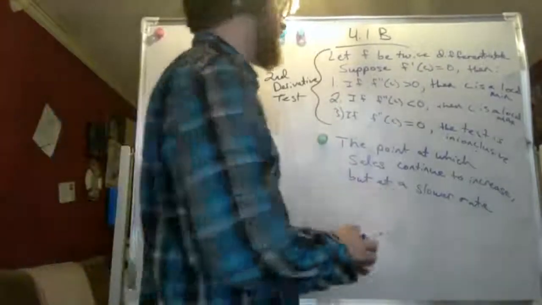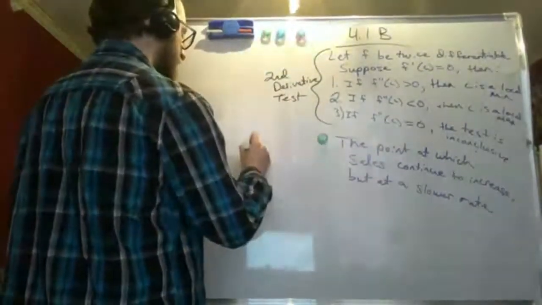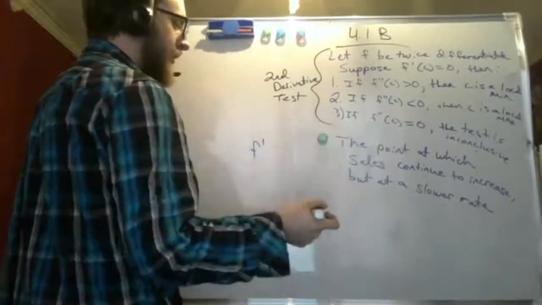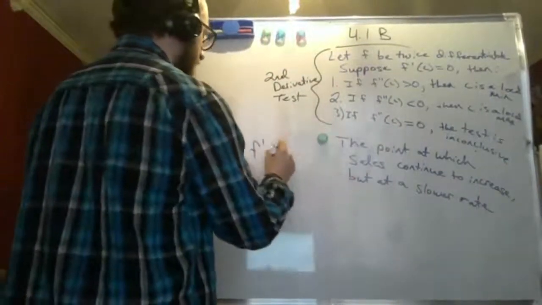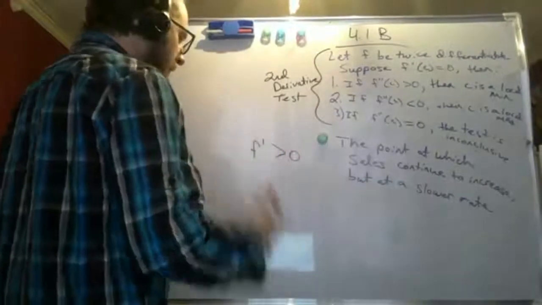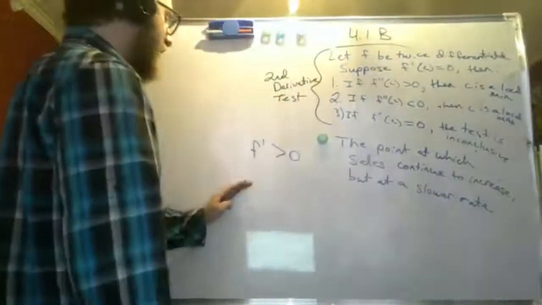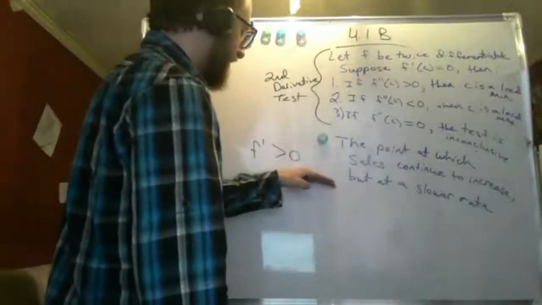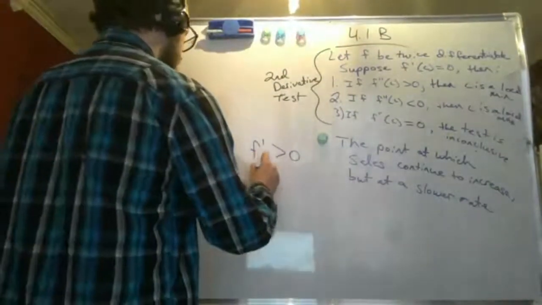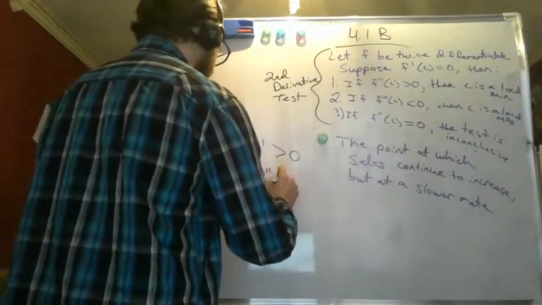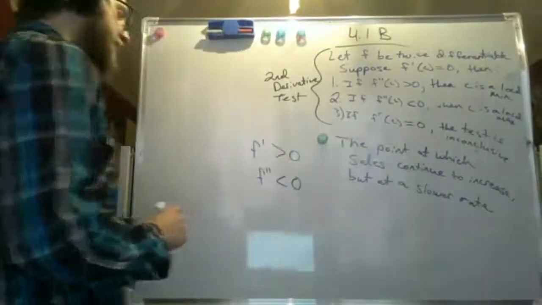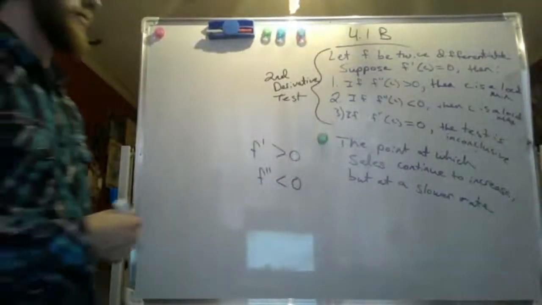So this statement is telling us that f prime, the first derivative, is increasing. It's positive, but it's increasing at a slower rate. The rate at which it's increasing is decreasing. And so our second derivative is negative. All right, so what else do we get from this?